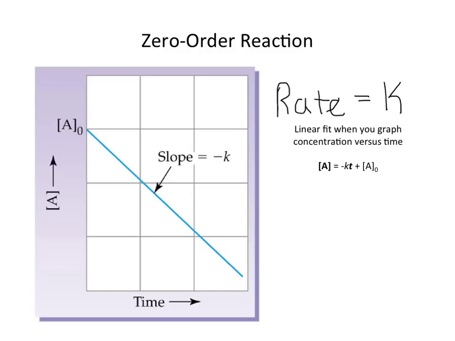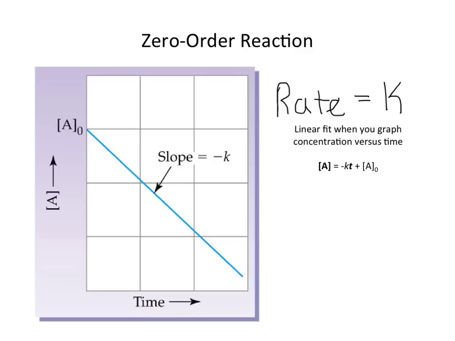The last kind of reaction we need to consider is one that is zero-order, where rate simply equals the rate constant k, as the exponent of the reactant is 0. Zero-order reactions are actually rare, but what is nice about them is that you obtain a linear fit when simply graphing the concentration of the reactant versus time.